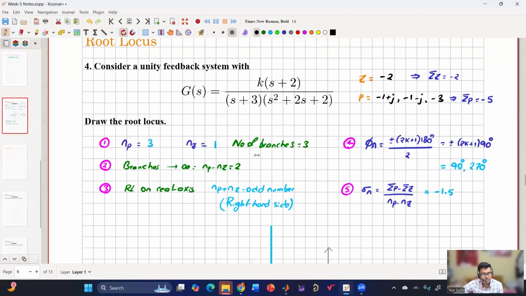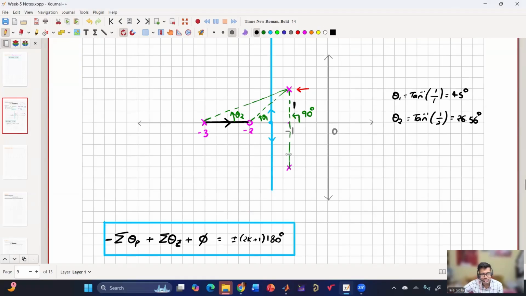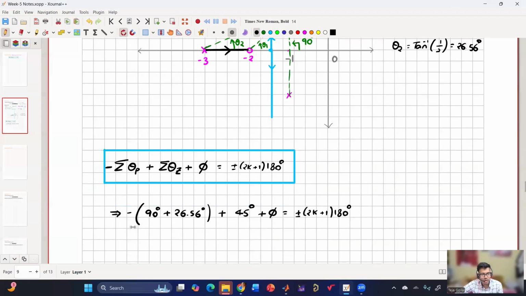Now I am joining all the poles and zeros and finding the angle. If I connect this pole to this pole, I know it is 90 degrees. With the horizontal axis or x-axis, if I connect this pole to this pole, the angle will be theta 2. This zero to this pole, the angle will be theta 1. So now I have to add all the poles' angles with a minus sign, all the zeros' angles with a plus sign, and again this is minus 5.